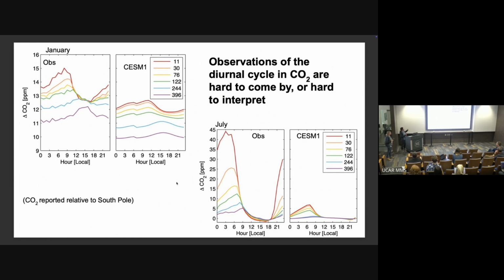But you can see in the winter, for example, that there's probably also a boundary layer component, right? Because in the observations in January, you can see the red through the blue, from 11 meters up to 250 meters, you get this collapse during the daytime. That's the upper leftmost panel. And at roughly 400 meters, you're still outside that area that's well mixed.